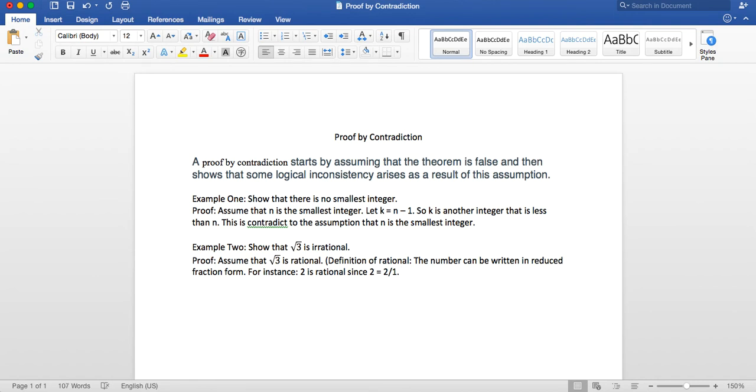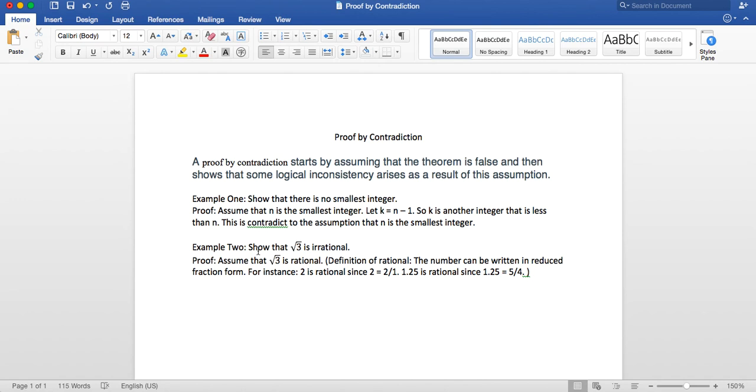You can write it in reduced form. Now, 1.25 is rational since you can write it as 5 over 4, which is a reduced fraction form. So anything you can write in reduced fraction form is a rational number.